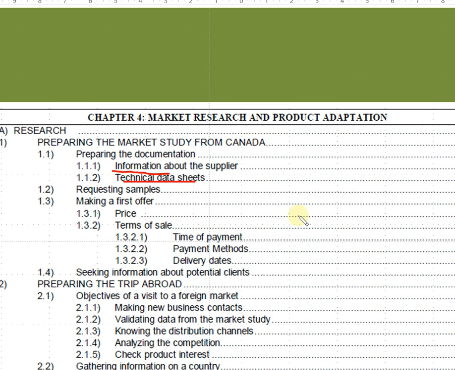Okay, so next we have to consider checking the product in the interest. This is also related to international marketing, right? I believe you are very familiar with these terms, okay, in international marketing. But some students are not familiar with the international market, but don't be worried about that, okay?